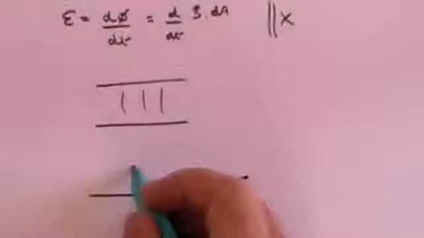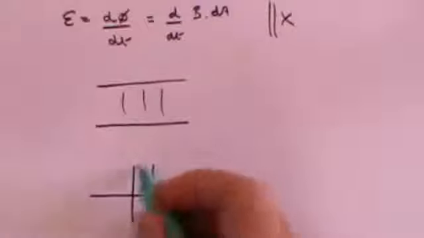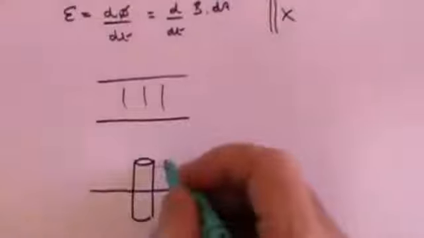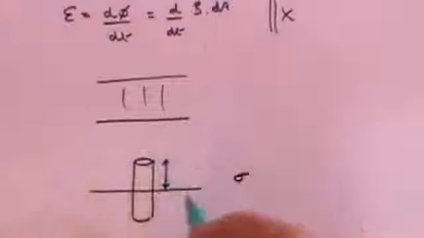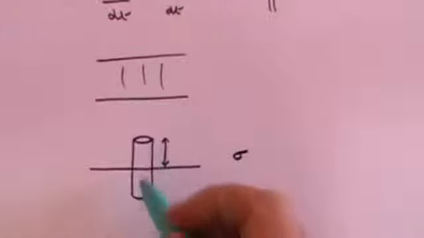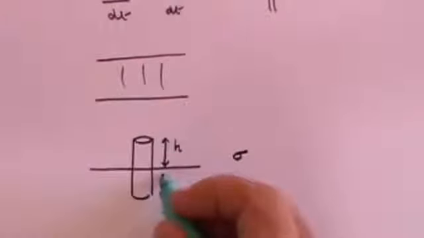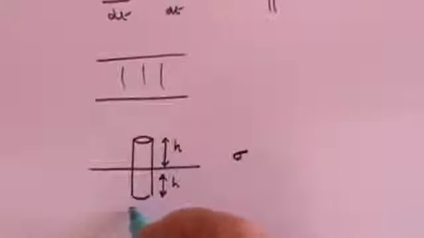Now, Gauss says I can construct a surface. Beforehand we constructed a sphere. It turns out it doesn't have to be a sphere. It can be any surface. So we're going to construct a surface which is essentially a cylinder, which straddles, as it were, the metal plate, so that H is above the plate and H is below the plate, and the radius of the cylinder will be R, so the diameter will be 2R.